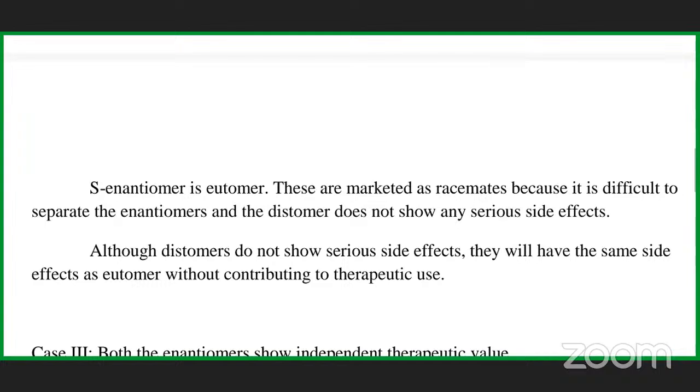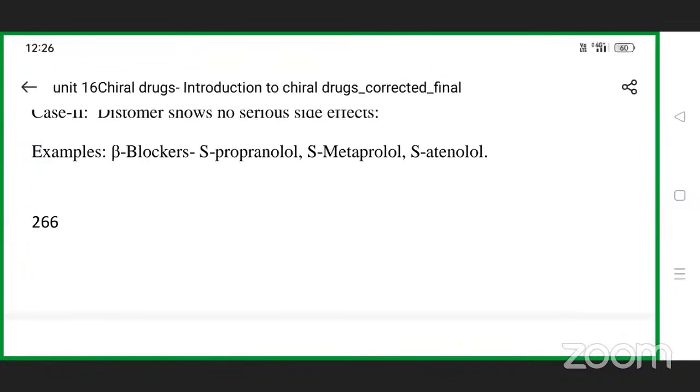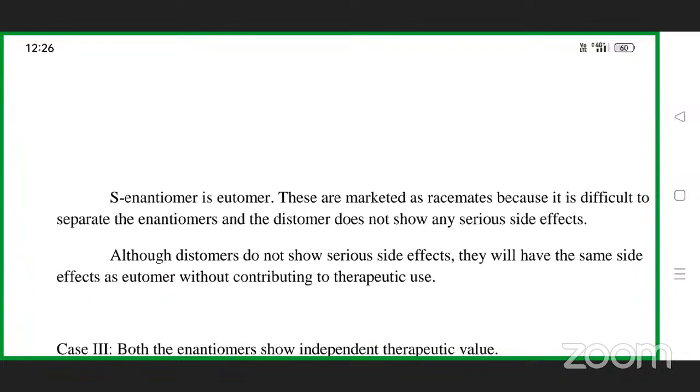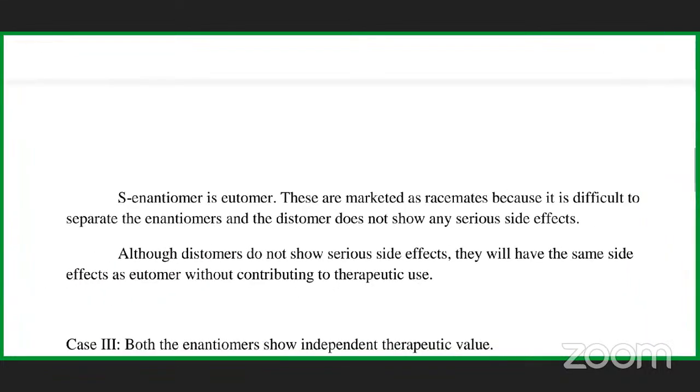And it is difficult to separate these R and S isomers, like atenolol, propranolol or metoprolol. So it is difficult to separate these racemates.